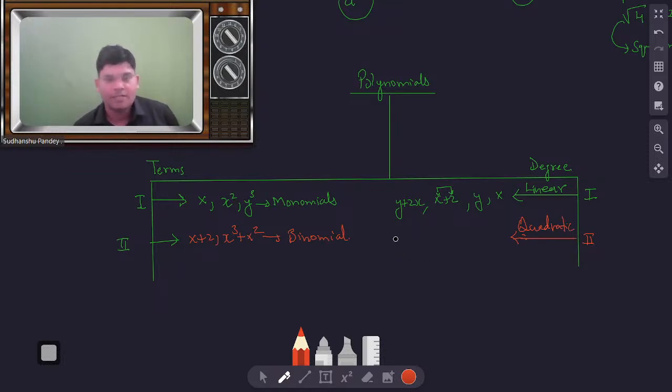I am giving an example. So x square plus 2x plus 3. This is an example of quadratic because the highest power is 2. Another example I can write, y square plus 3. Alright? Any doubt?